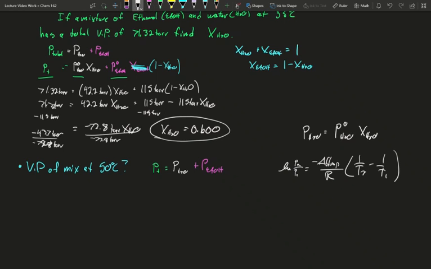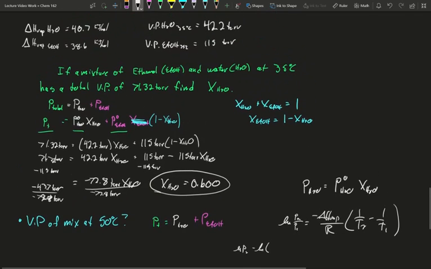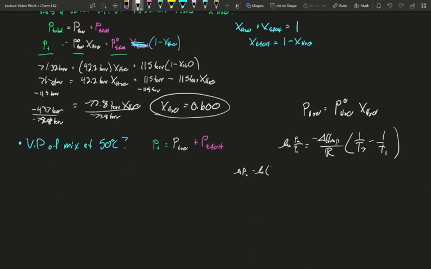And so to do that, we need to plug in our values. The natural log of pressure 2 minus the natural log of pressure 1, which was 42.2 torr, is going to equal negative delta H of water, which was given to us as 40,700 joules per mole, over R, 8.314 joules per mole Kelvin, times the temps.